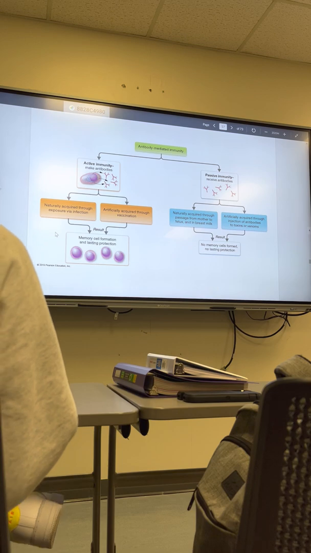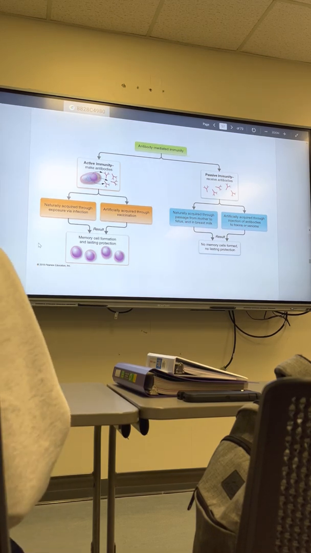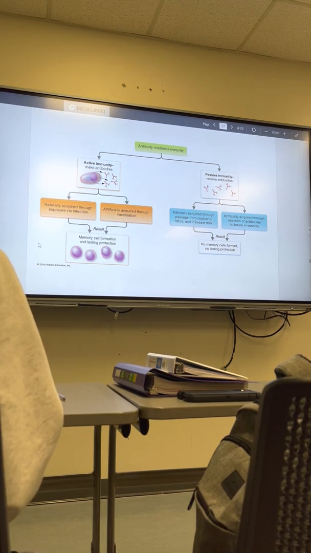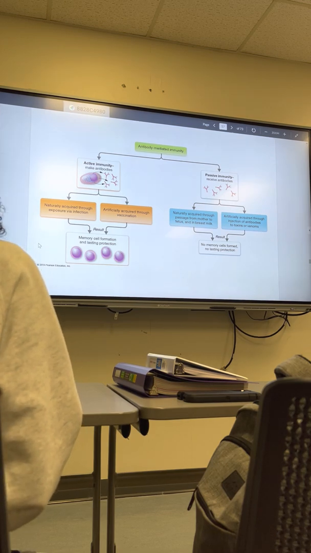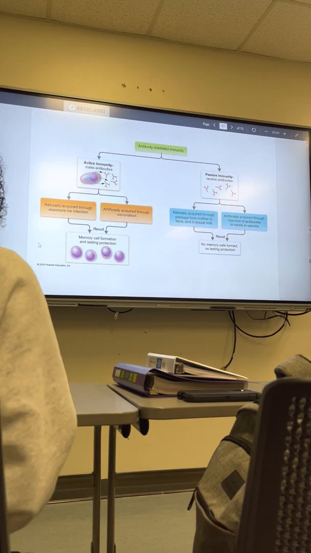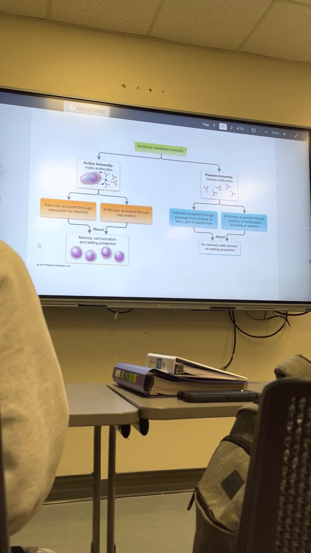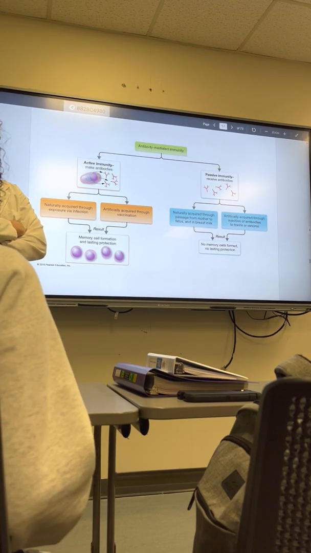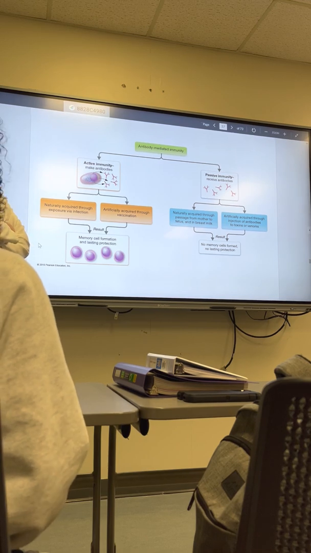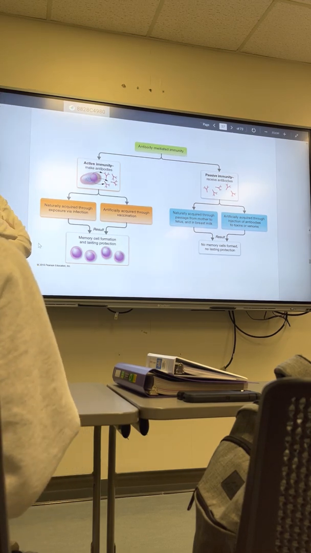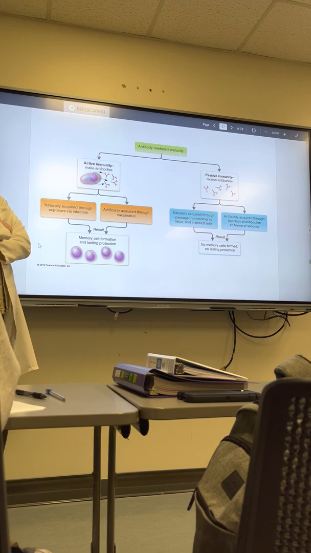So, to refresh something that we've mentioned before about immunity, active versus passive immunity. In active immunity, do you develop your own memory cells?